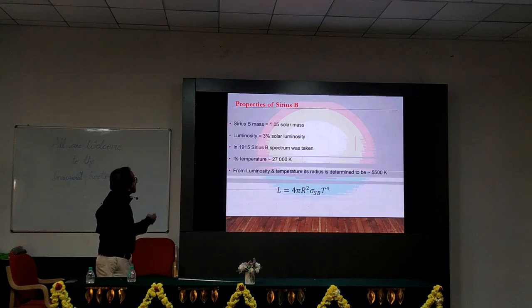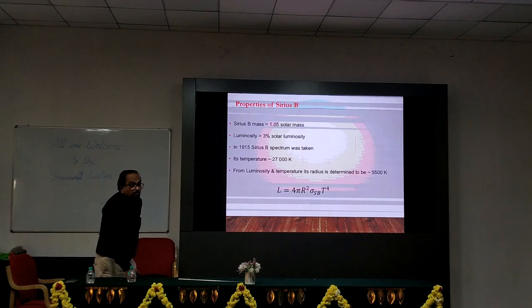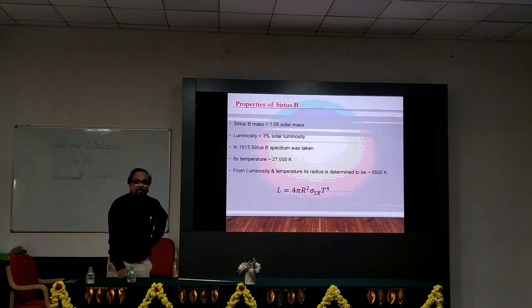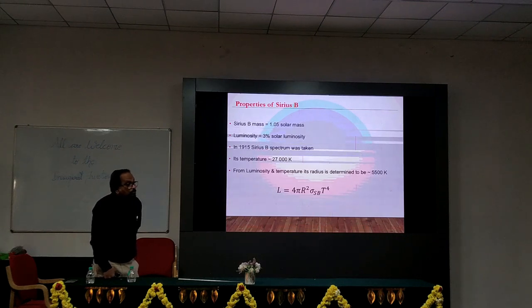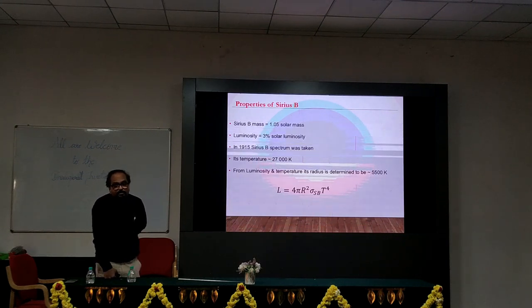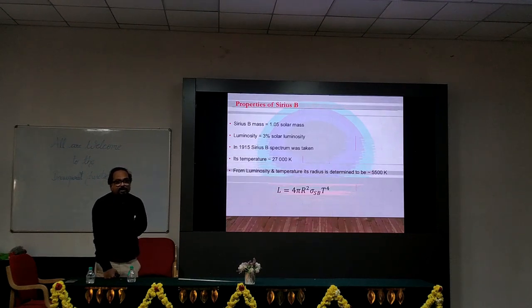Sirius B's mass is about 1.05 solar mass. How do you find the mass of a star? That is a big subject by itself. Solar mass, what's the value of solar mass? 2 into 10 to the power of 33 grams, or 2 times 10 to the 30 kg.